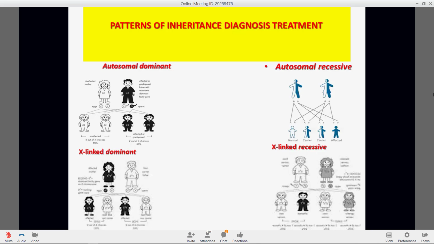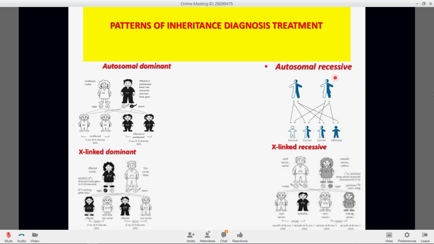In case of autosomal dominant, only one gene is enough to create the abnormality. So if one of the parents is affected, 50% of his children of either sex will be involved, like multiple epiphyseal dysplasia.